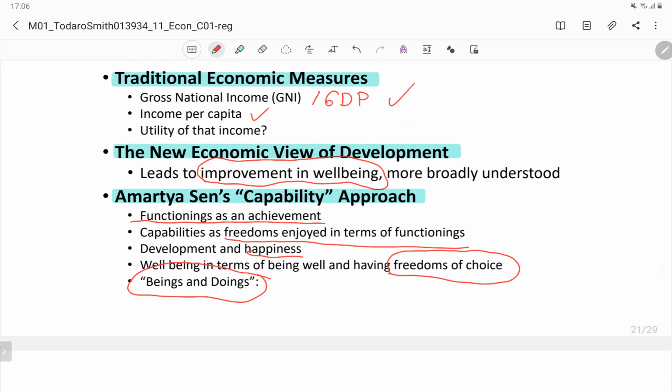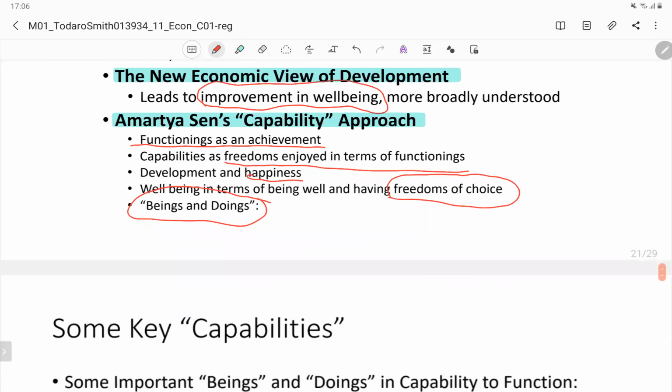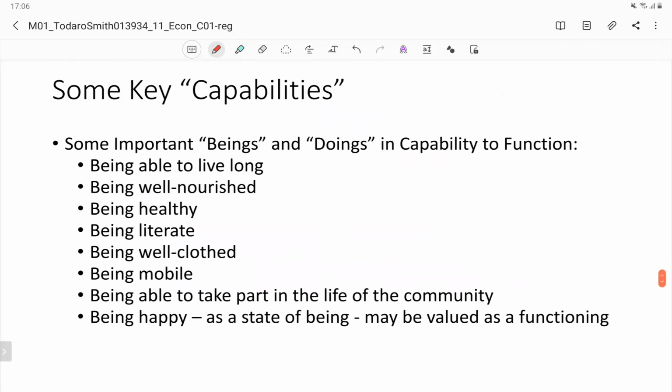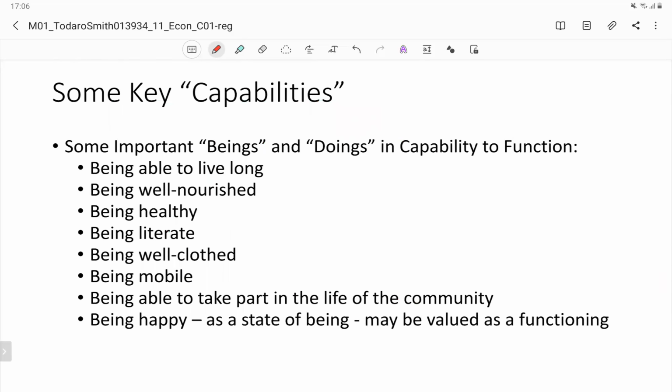This is some key capabilities. There is some delay in the screen. Okay, some important beings and doings in capability functioning. The first one is being able to live long, being well nourished, being healthy, being literate, being well clothed, being mobile, being able to take part in the life of the community, and being happy.